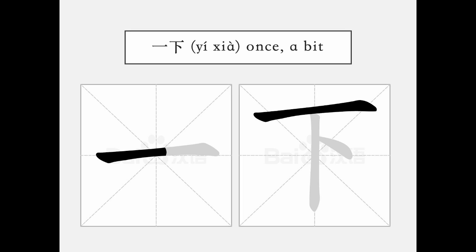Again, don't forget, when this follows a verb, it can soften the tone, and it can also indicate that the action that's going to take place will be very brief. And notice how I'm pronouncing the 一下. It's second tone, right? This is the tone sandhi rule. When 一 is followed by a fourth tone character like it is here, it changes to second tone. 一下.